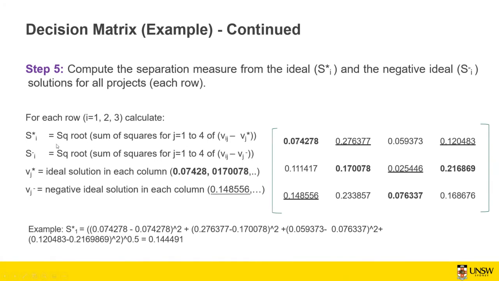This gives you the Si star. For S minus i, which is from the negative ideal solution, you do the same, but this time you deduct Vj minus, your negative ideal solution. So it's V11 minus Vj minus. You do the same and get S1 star, S2 star, S3 star, and the same for S minus 1, S minus 2, S minus 3.